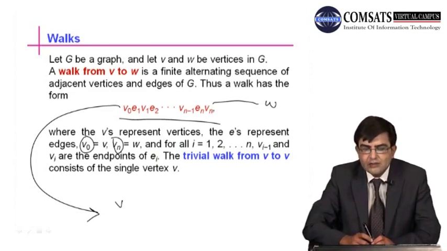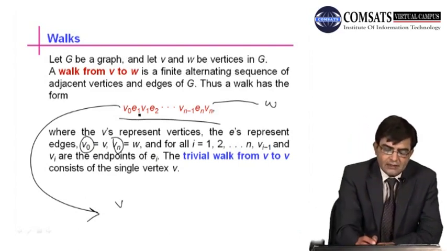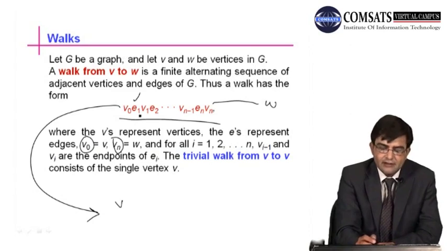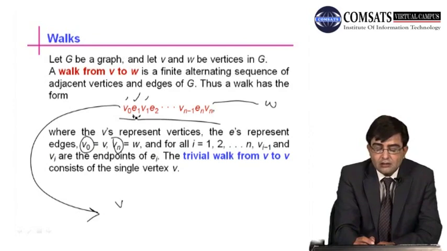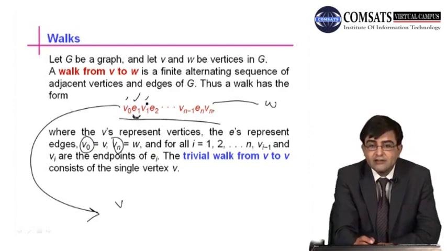And for all i equal to 1, 2, and so on, n, vi minus 1 and vi are the endpoints of ei. Here basically if you write an edge e1, then v0 and v1 must be the endpoints of e1. You cannot write an edge e1 such that its endpoints are not v0 and v1.